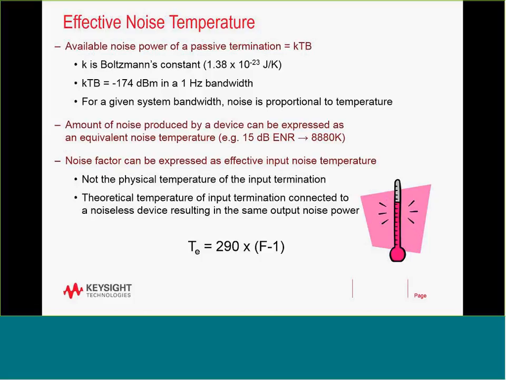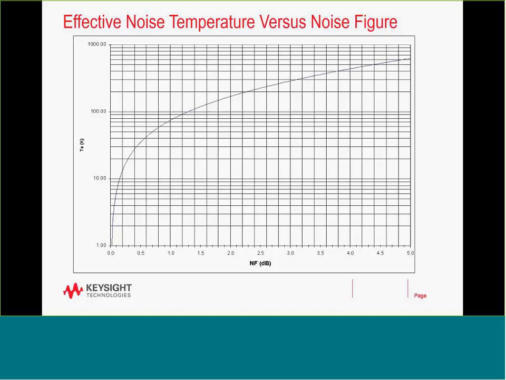So when we convert dB of excess noise ratio or dB of noise figure to Kelvin, for example, a 15 dB noise figure would be about 8,800 degrees Kelvin. The chart shows noise figure on the y-axis versus temperature in Kelvin.